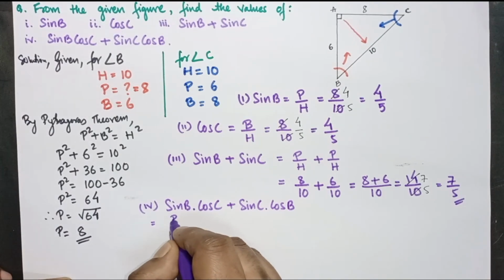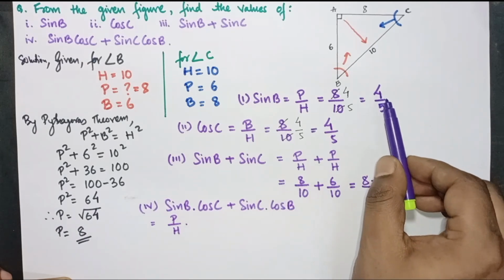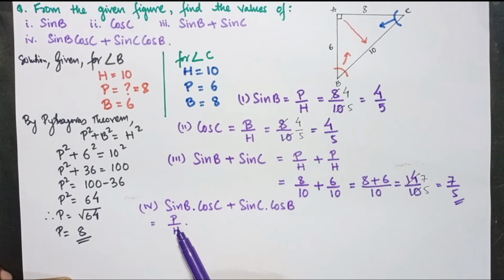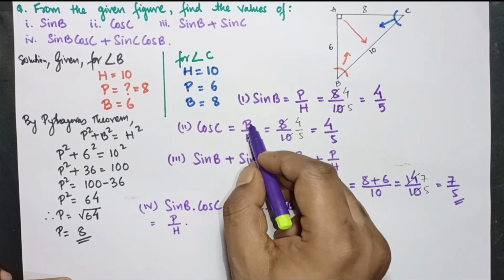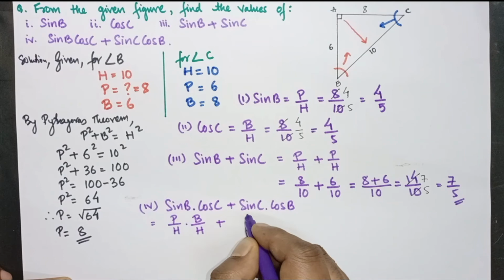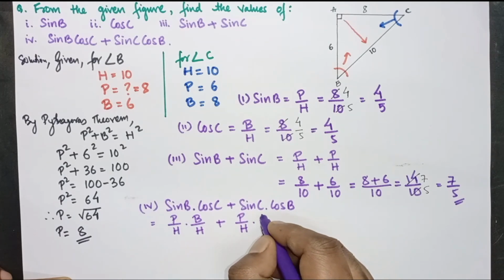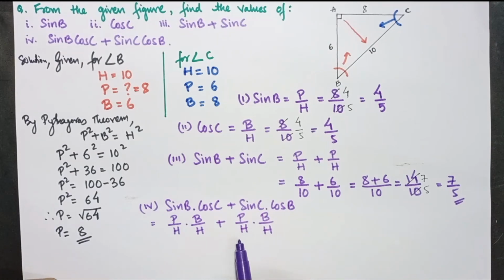You can put the values directly also. Sine B is 4 by 5, you can put 4 by 5 directly. Okay, but I'll do this one. So the formula is sine B cos C plus sine C cos B. If I show you this way, it will be easy for you to understand.